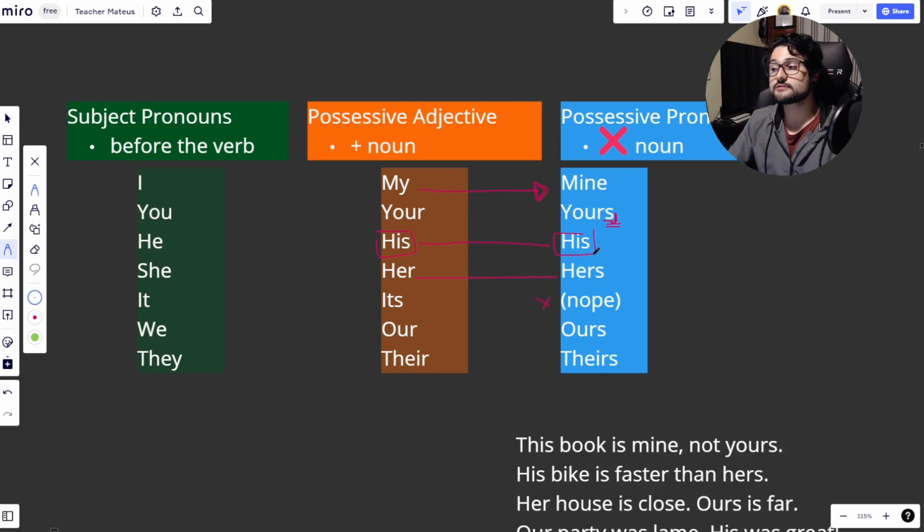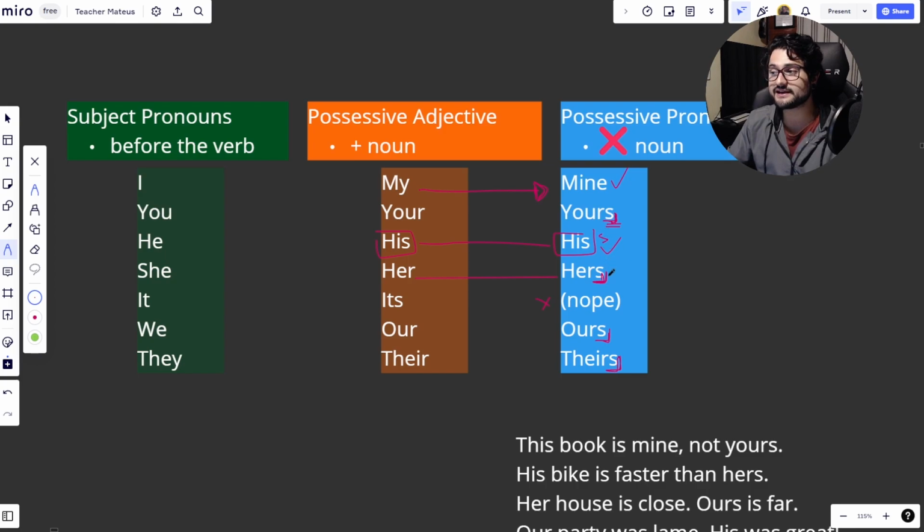Maybe it is his. Maybe it is hers. Take a look in the S there. Or ours, or theirs. So we add in the majority of the pronouns the S. Yours, hers, ours, theirs. The only exception, it is mine, and then his. Just his.